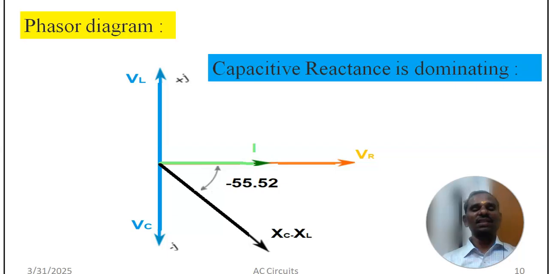Since the theta angle is minus 55.12, which is the total impedance XC minus XL, the angle between the current and the voltage is minus 55.12. So here the capacitive reactance is dominating.